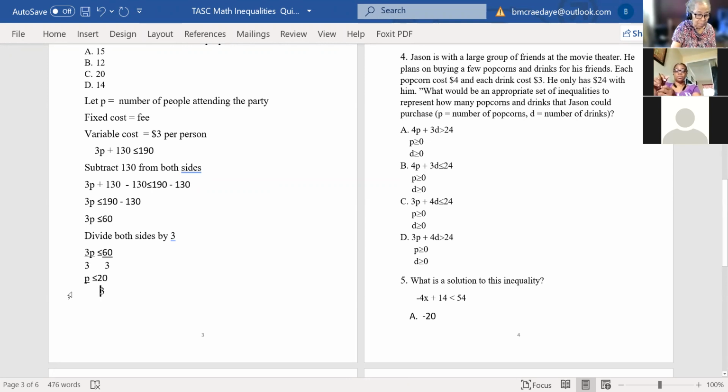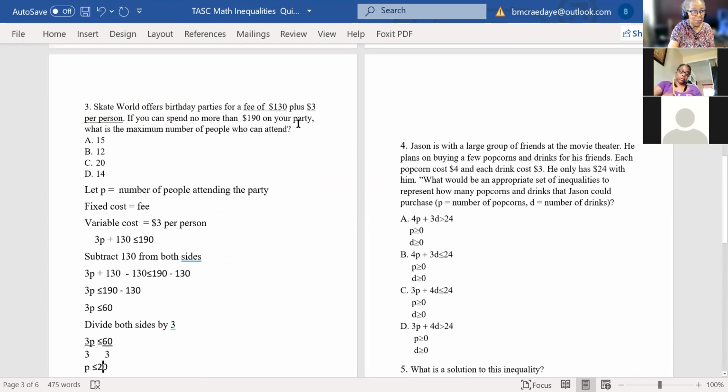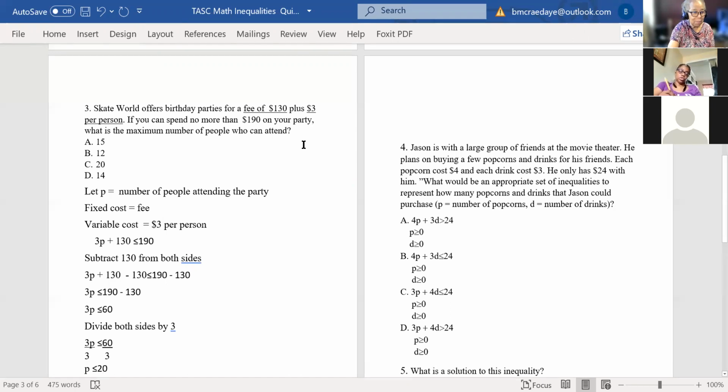It's not a negative. 20 people or less. So what is it telling you about the 20? You can't go over 20. That's right, because it said, what's the maximum number of people who can attend? The most people that you can have attend this party is 20. You can't have more than 20.